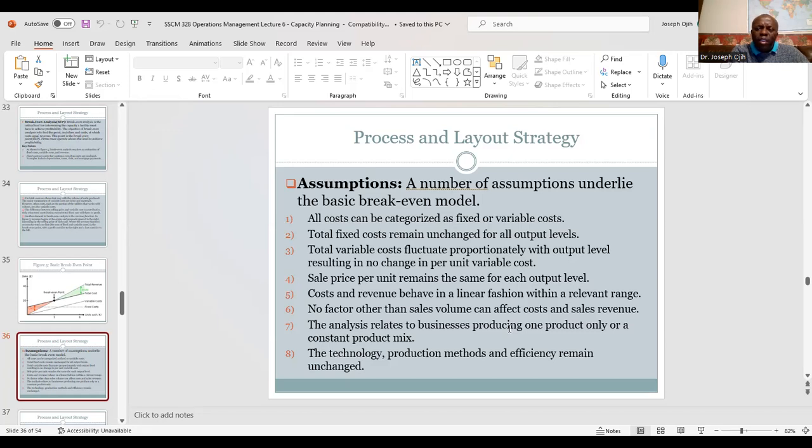Of course, we have break-even analysis for organizations that make multiple products. But today we are focused on one that makes one product.